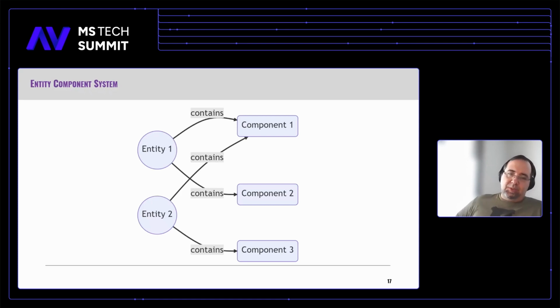What actually means something are the components, which will be essentially DTOs, a bunch of objects that contain only data, not functions, not methods and such. And the idea is that you can attach or remove from each entity any number of components. So an entity essentially gets its data added or its properties removed at runtime, right?